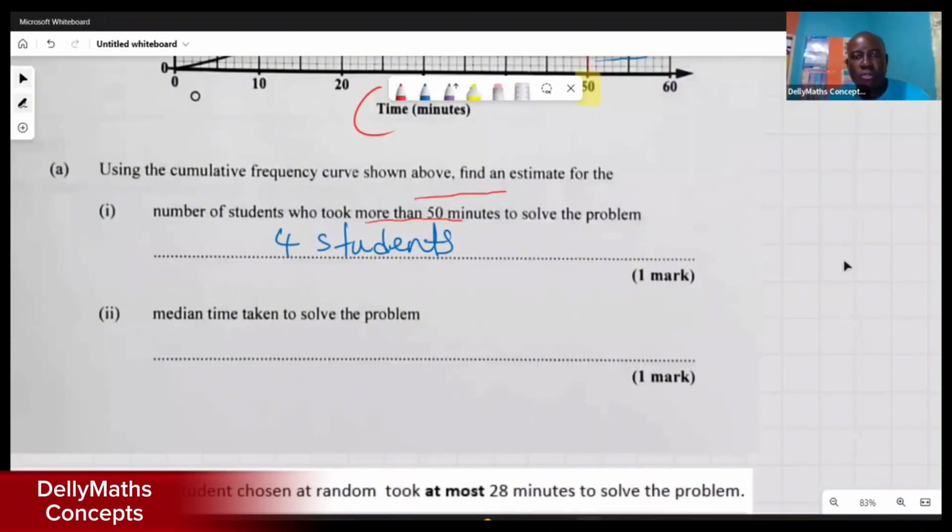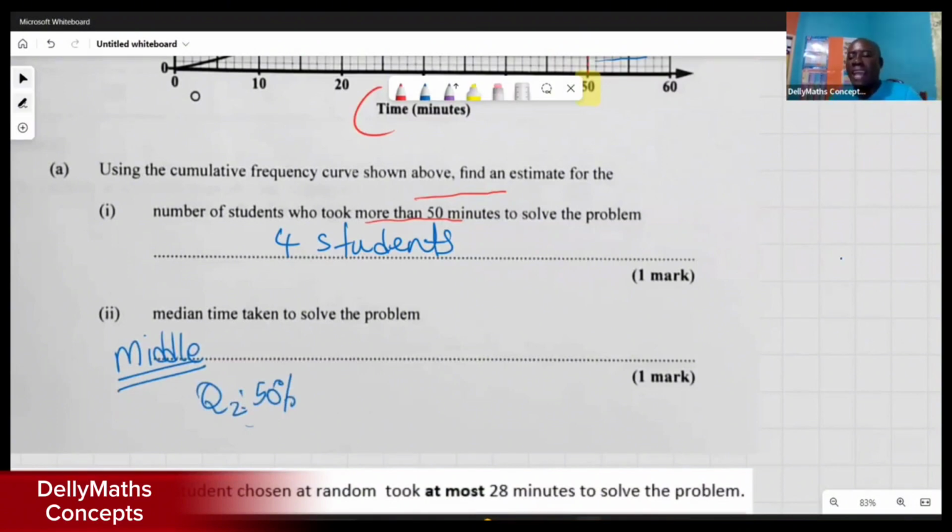The next thing we want to solve is to find an estimate for the median time to solve the problem. Now, what does the median refer to? The median refers to that middle value, which is the same thing as Q2, which is 50% of your sample.